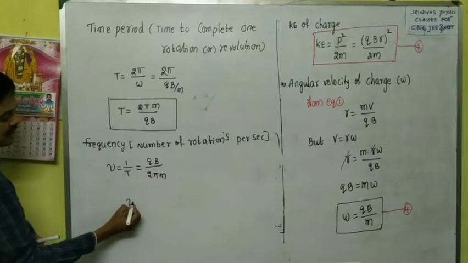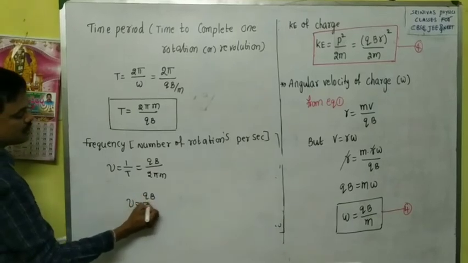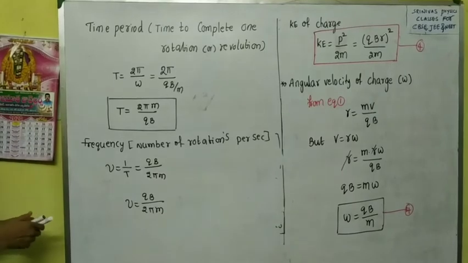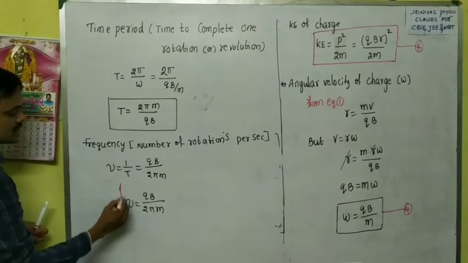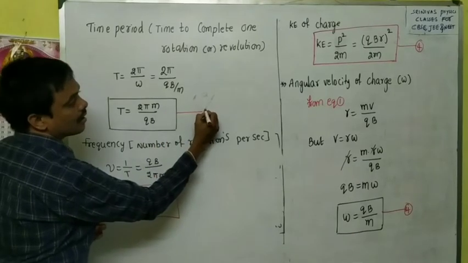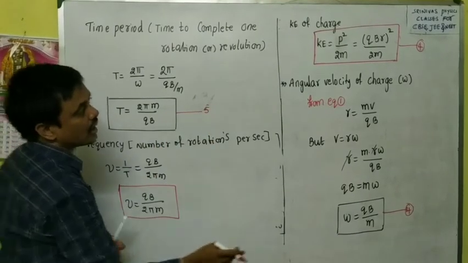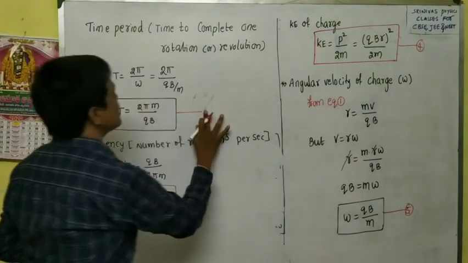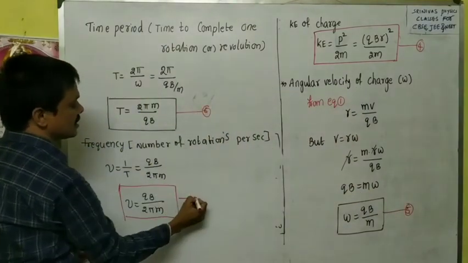This is the frequency formula. These are the various formulas, useful to solve problems, and all are linked with one another. This is equation 4, this is equation 5, this is 6, and this is 7.